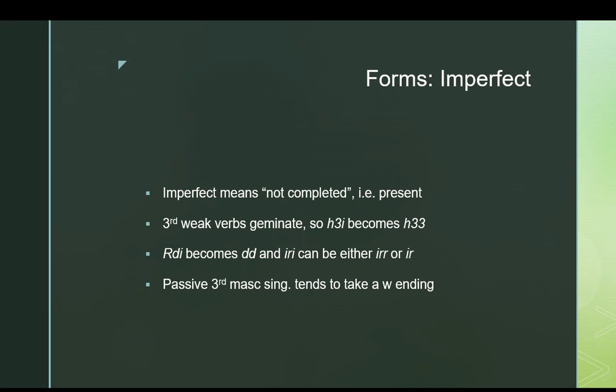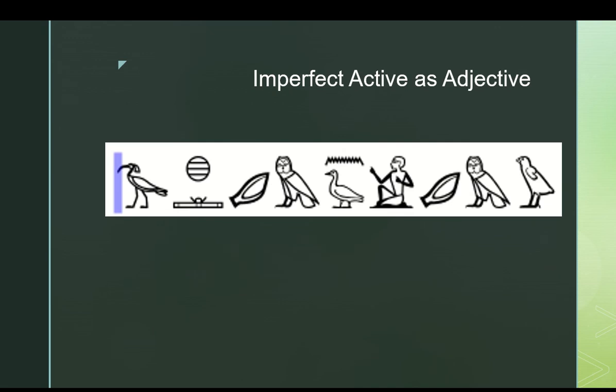For the passives, it's mostly the masculine singular, but realistically, it's not a great indicator of what you're dealing with because most forms can take it, especially the masculine singular passive and then the masculine singular active. Basically, participles regularly end in W, but because it's a vowel, the Egyptians were never consistent about writing it, so it just helps in guessing. That being said, let's take a look at a couple of examples.